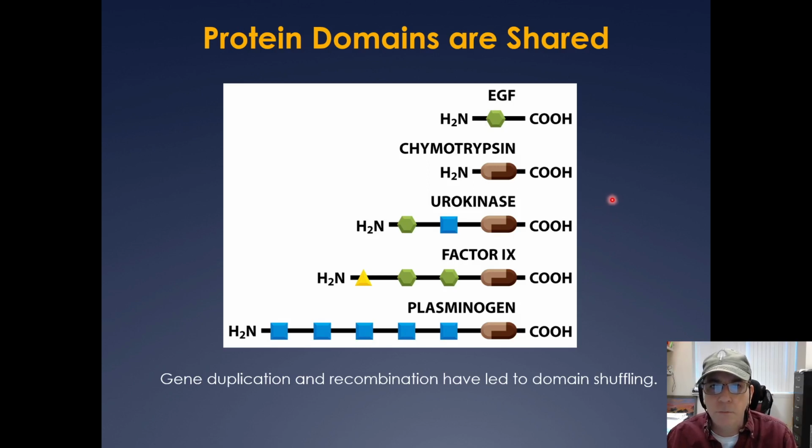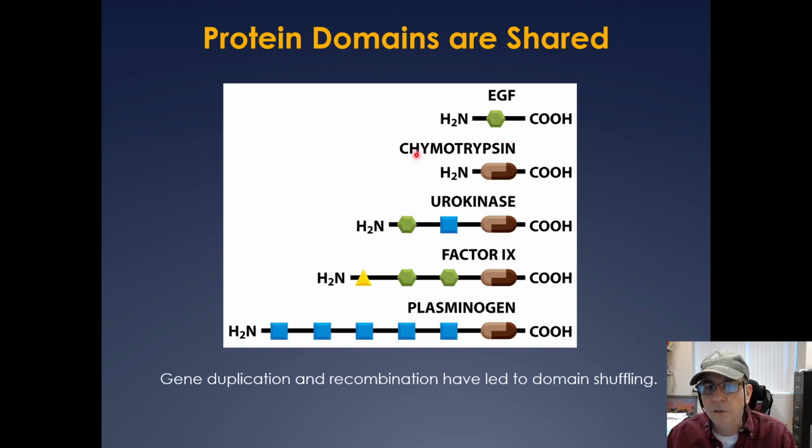Once again, protein domains are shared, so you can have a single domain, yet many different proteins have that same domain. In this case, here's EGF, epidermal growth factor, and this one domain of EGF actually occurs in urokinase and in factor 9 here.